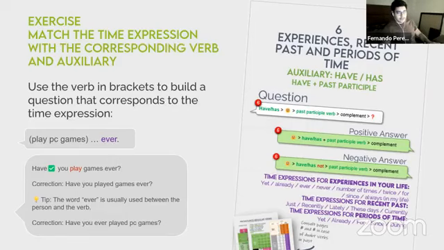The word ever is over here. You see? And she used structure number 6 to build a question. You see what I mean?